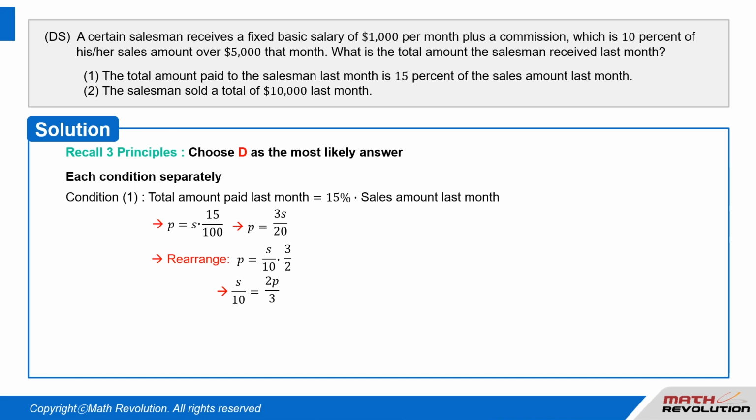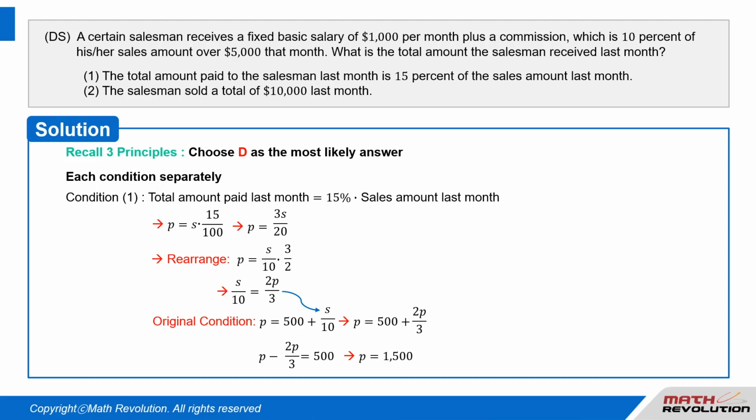So, it would be helpful to rearrange P equals 3 times S over 20, so that it also contains S over 10. Rearranging, P equals S over 10 times of 3 over 2, or S over 10 equals 2 times P over 3. We can find the value of the variables and move ahead without solving. However, just to show that D is the correct answer, we will solve for the variables.